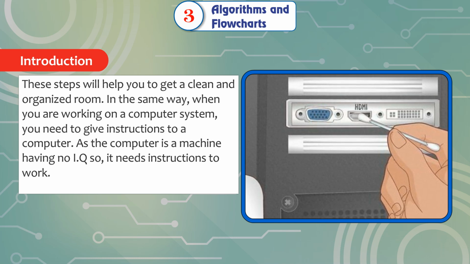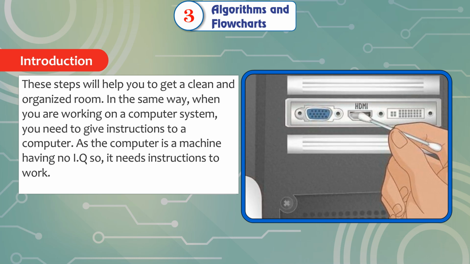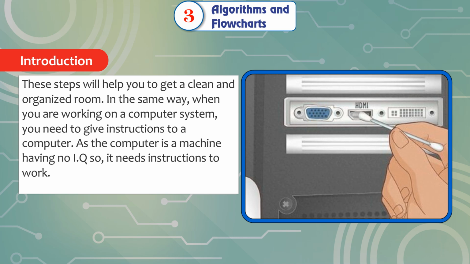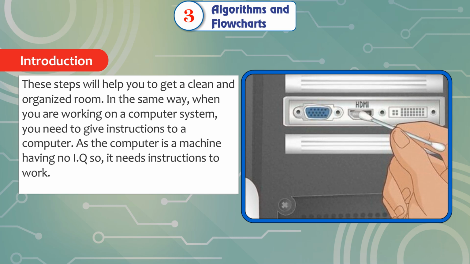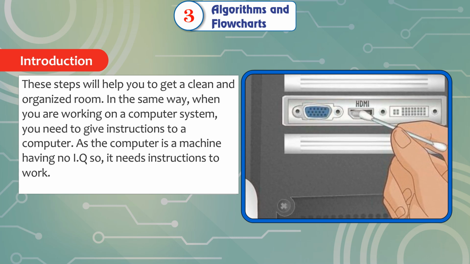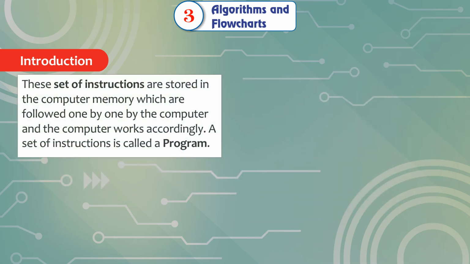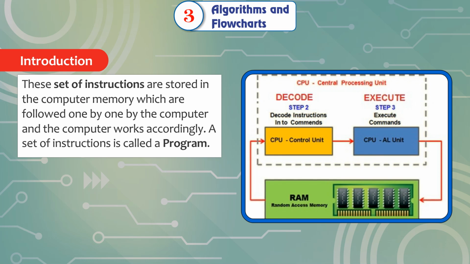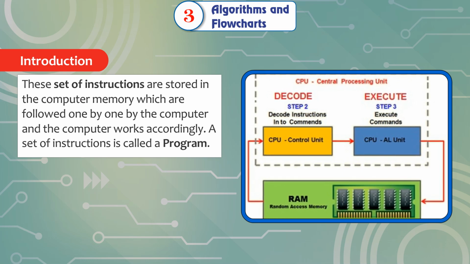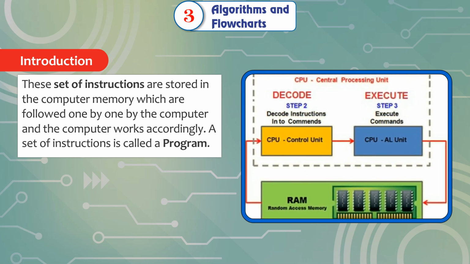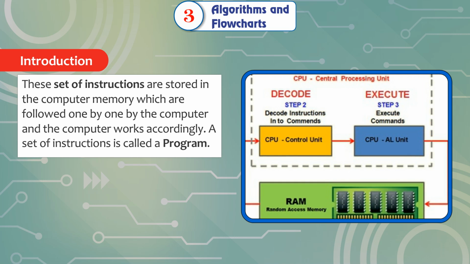In the same way, when you are working on a computer system, you need to give instructions to a computer. As the computer is a machine having no IQ, it needs instructions to work. These sets of instructions are stored in the computer memory, which are followed one by one by the computer, and the computer works accordingly.